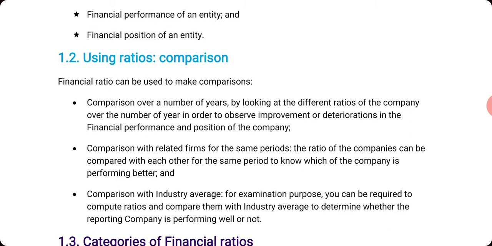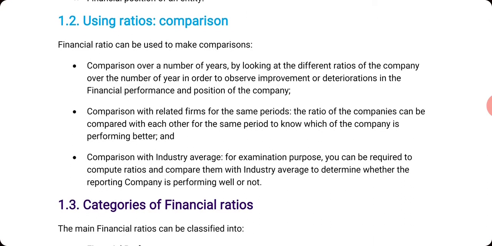For example, with a 5-year financial summary, we can do analysis for 5 years and make a comparison of what they are. And this can help us to determine if the company is growing or not. We can also make comparison with related firms. We can look at companies that are in our industry and compare our affairs with theirs.